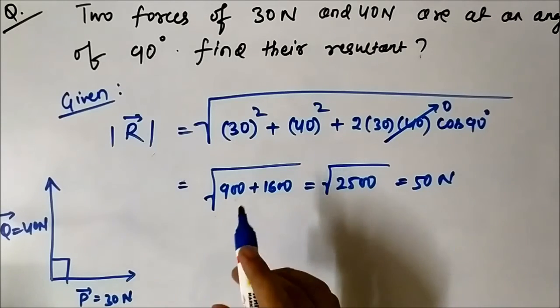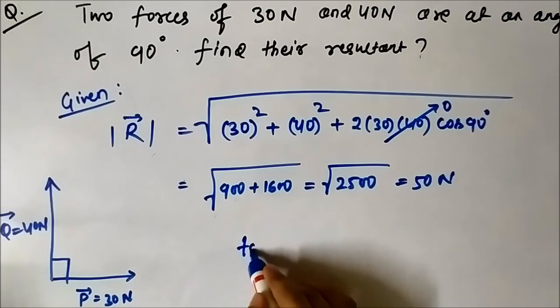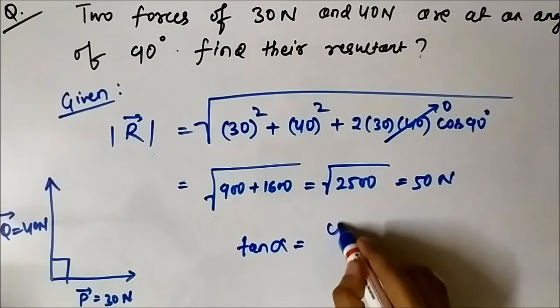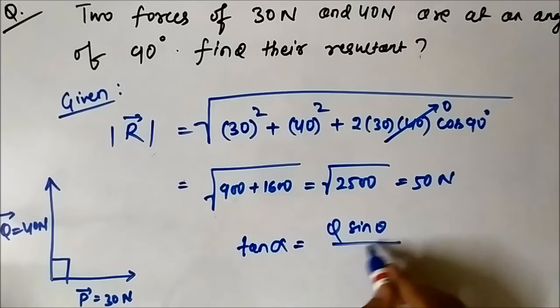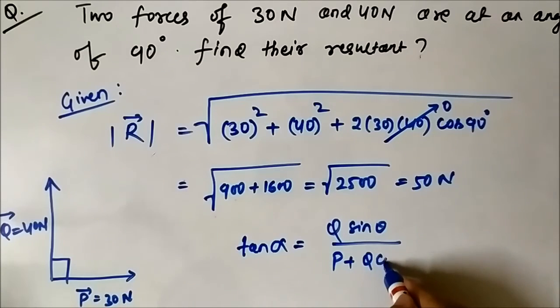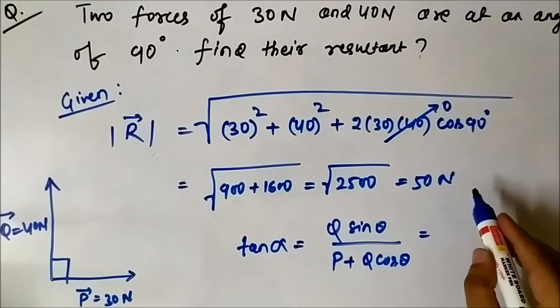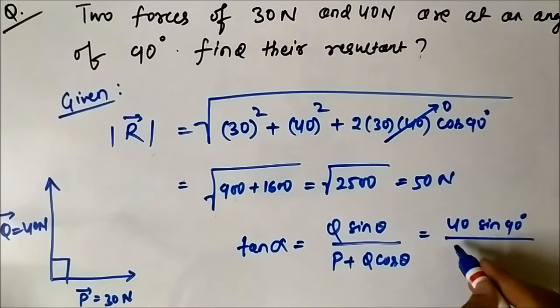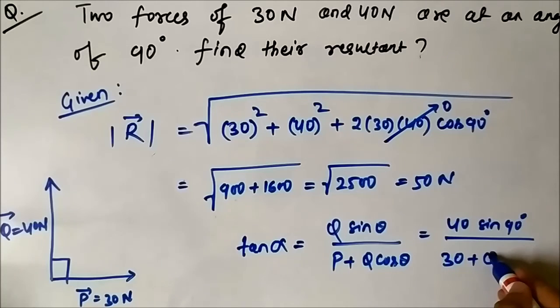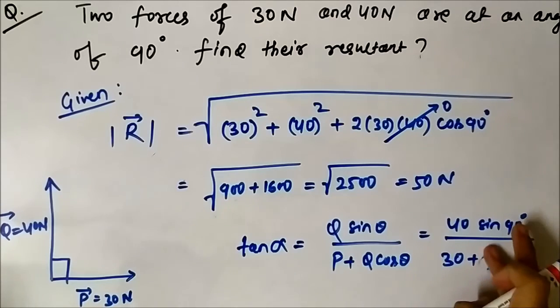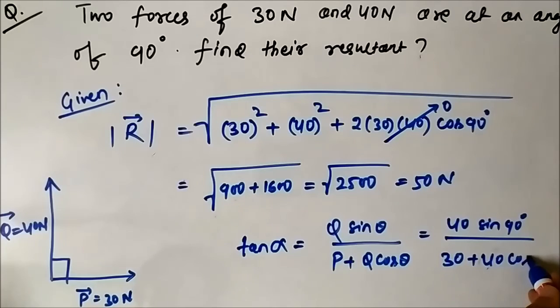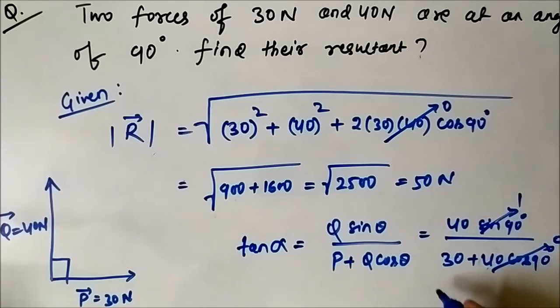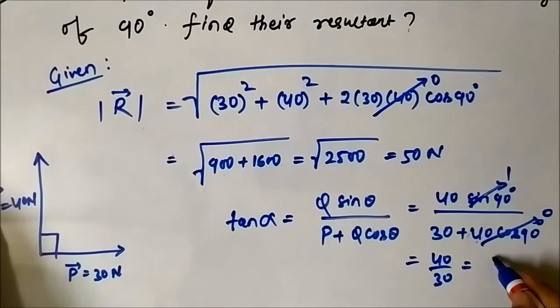Now the direction. We know the formula, tan alpha is equal to q sin theta by p plus q cos theta. According to that, it would be 40 sin 90 degrees by 30 plus 40 cos 90 degrees. Again this will be 0 because cos 90 degrees is 0, and sin 90 degrees is equal to 1. So it is basically 40 by 30, which is equal to 4 by 3.